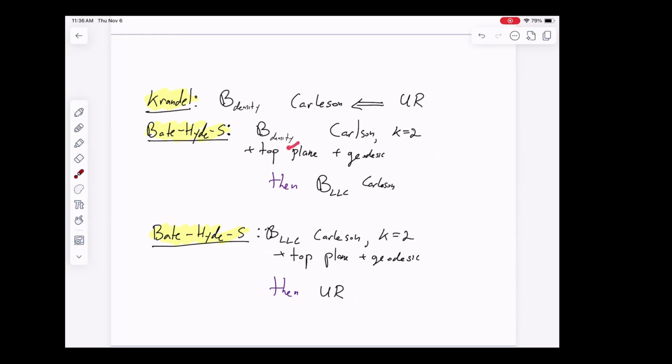If you give me a space that satisfies that this is Carleson and is geodesic, then you go through this machinery, you get that it's uniformly rectifiable, then a BiLipschitz image of it is also going to be uniformly rectifiable, and then you're going to get that it satisfies this with the new metric. But if you told me that the non-geodesic metric had this, or the quasi-convex geodesic had this, then I don't know how to complete the picture.